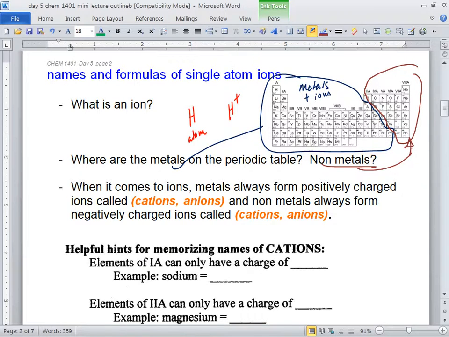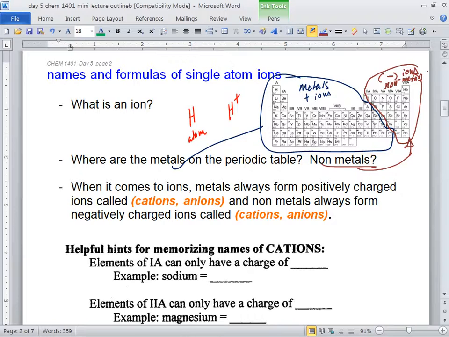Nonmetals will form negative ions. So that right there is going to help us out a lot.